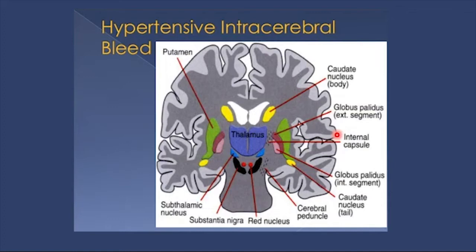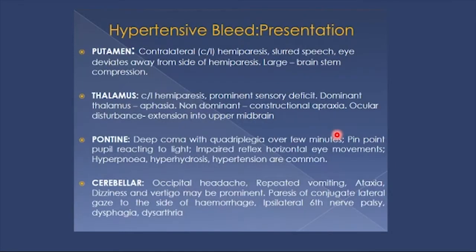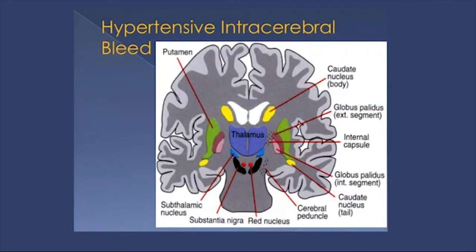Those are the usual locations of hypertensive intracerebral bleed, and when patients present with a bleed in those locations, it should trigger the thought that this could be a hypertensive bleed. They present differently depending on the location, and it is important to know the different ways in which they will present.